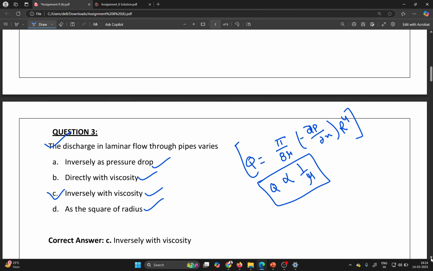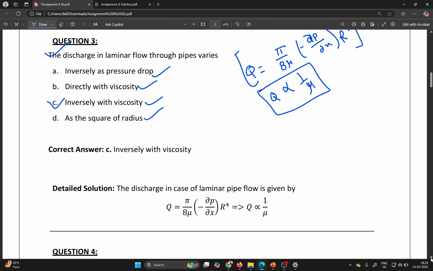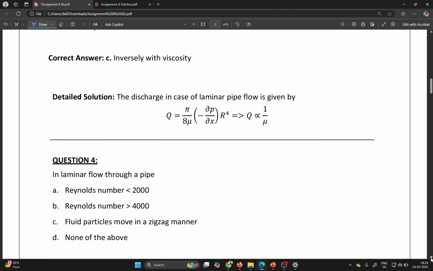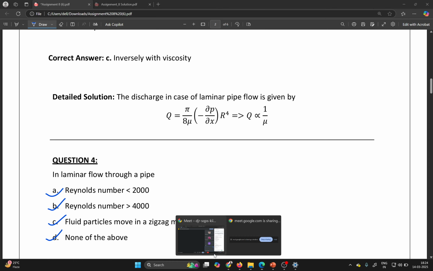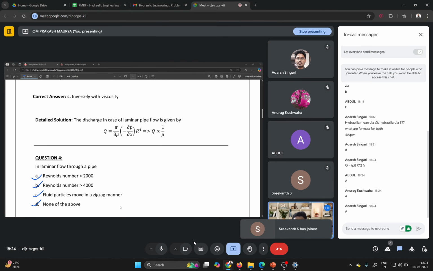The next question is: in laminar flow through pipe, option A, Reynolds number less than 2000; option B, Reynolds number greater than 4000; option C, fluid particles move in zigzag manner; or none of the above. What should be the correct answer for question number 4? Okay, everyone is telling option A is correct. Yes, this is a very simple question.